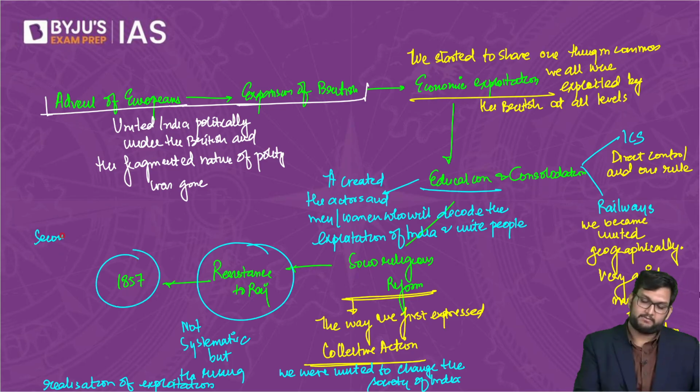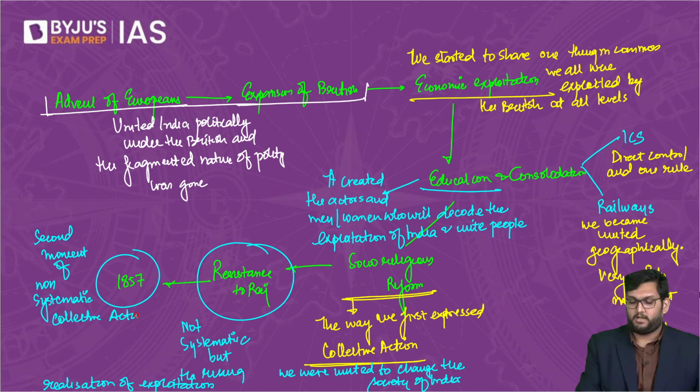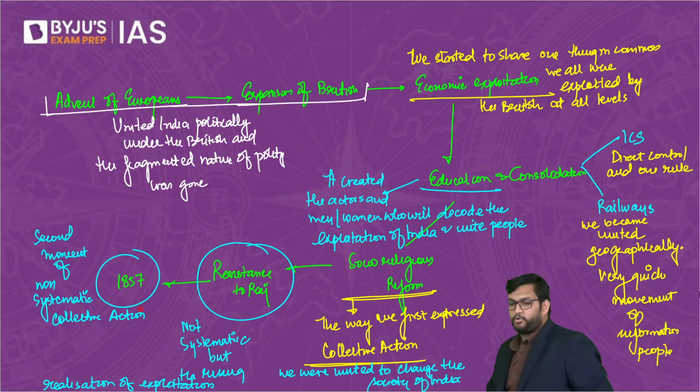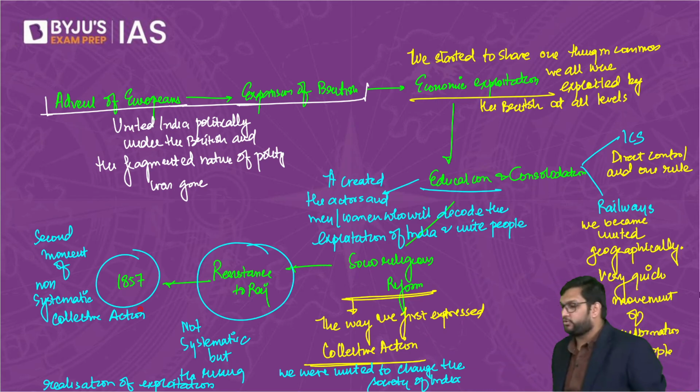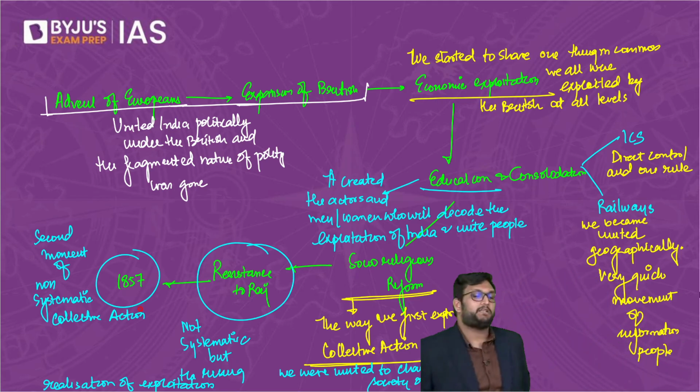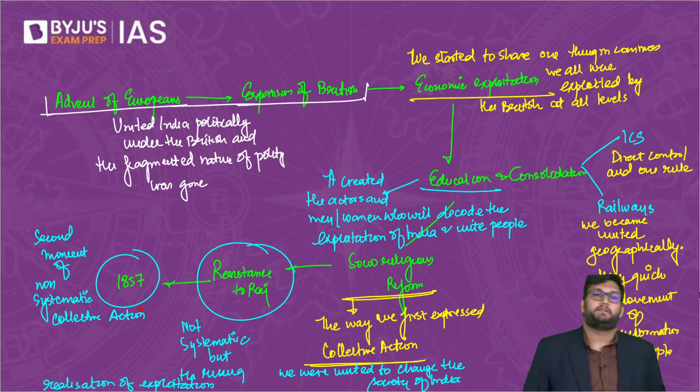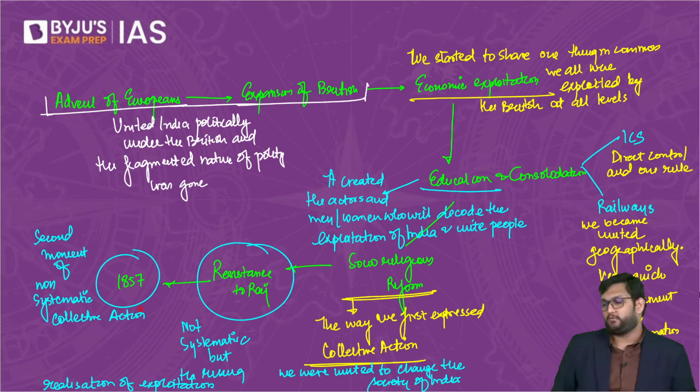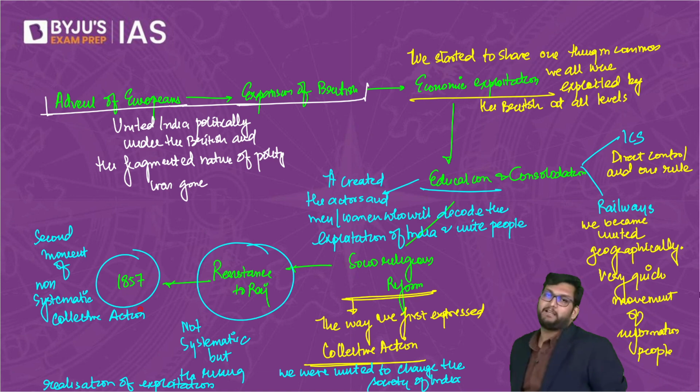This is the second moment of non-systematic collective action. Now, if you look at it, now do you see the master plan? Now do you see that every step which the British took towards exploiting India actually was also a step towards their death? Each and everything which they did effectively produced the same process which is going to end their rule.